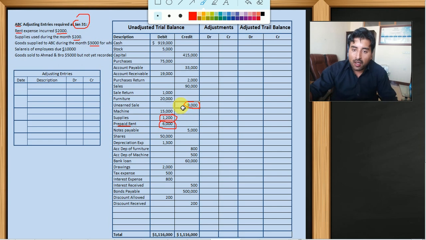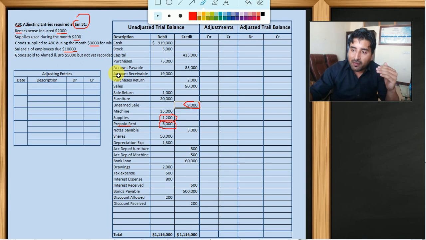Okay. Next we have salaries of employees, $10,000. So dear students, it is the end of accounting period and salaries expense incurred, but the company has not yet paid it. So maybe the company may pay it in the future or in few days after, but it is the end of accounting period.